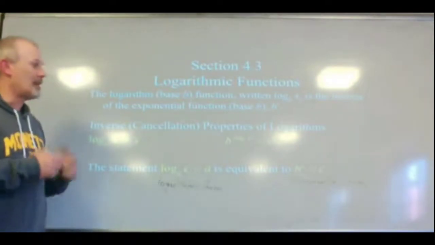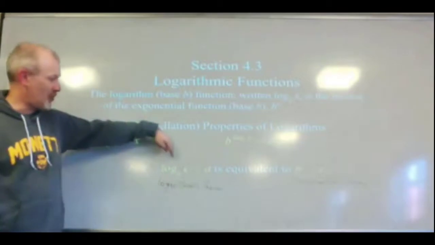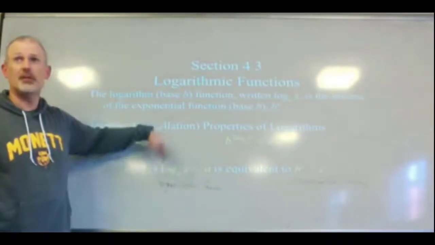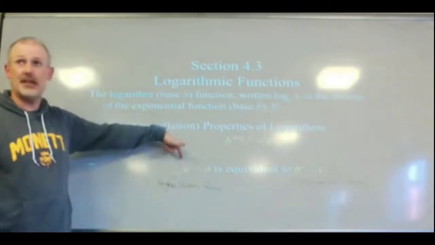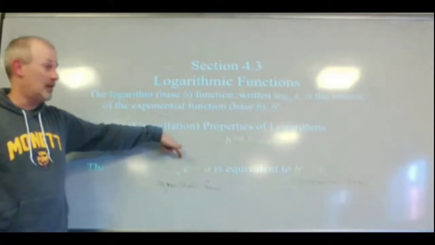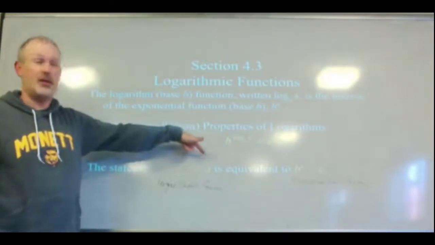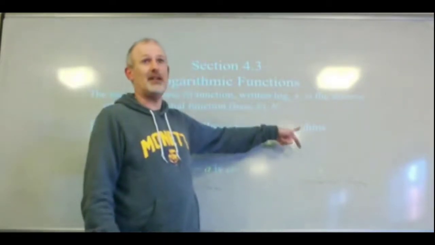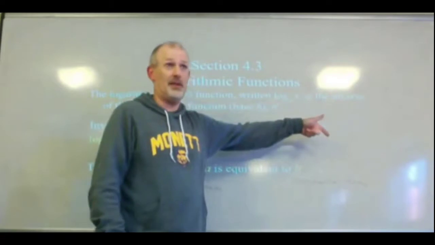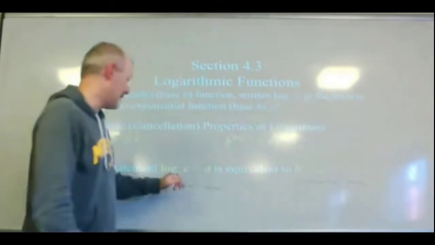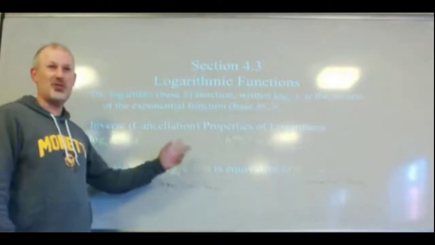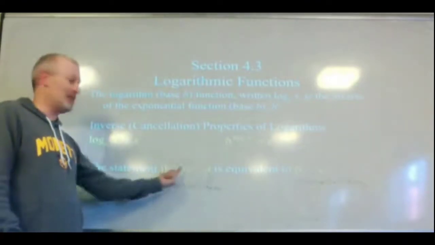Okay, now the second thing is, notice which letter is by the base in this logarithmic form. It's the C, right? And the A is by itself. Which letter is by the base in exponential form? The A. And the C is by itself. So what happens is, after you identify the base is b in both of them, the other two just switch spots. The C is going to be by the b in this case.